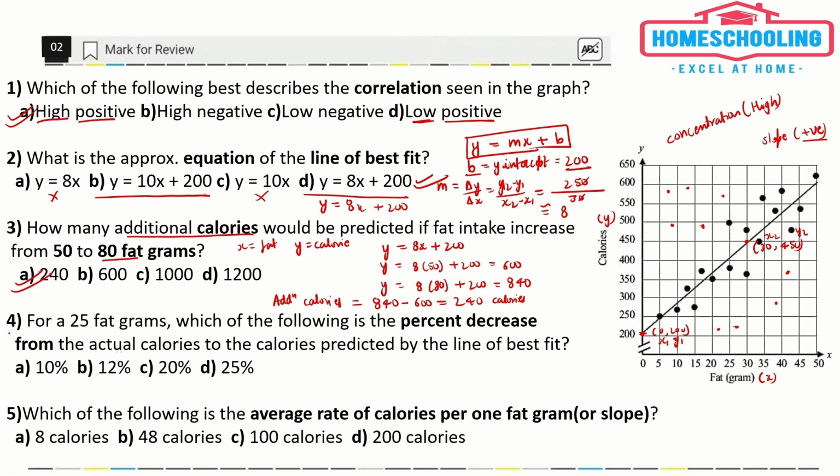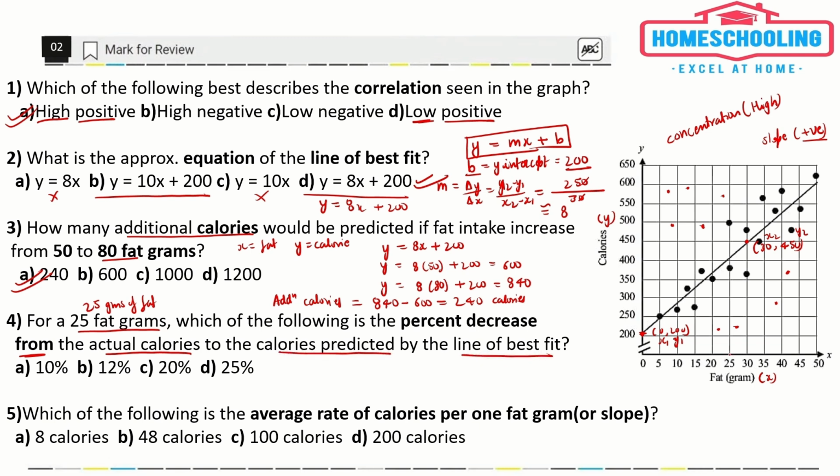Now in part 4 of this question, for 25 grams of fat, which of the following is the percentage decrease from the actual calories to the calories predicted by the line of best fit?